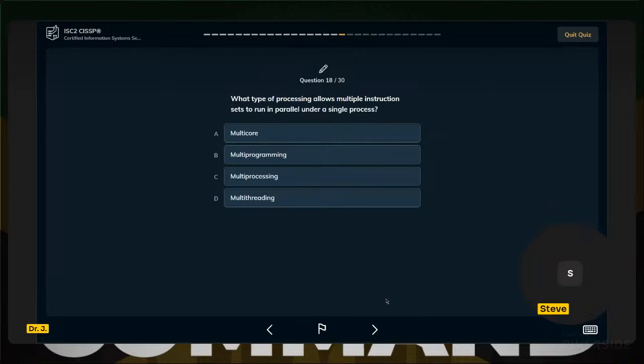Yeah, let's go with multi-core. The last two words are single process, and that would almost be counter to multi-processing, right? Yeah, that's how I see it. I'll go with A.